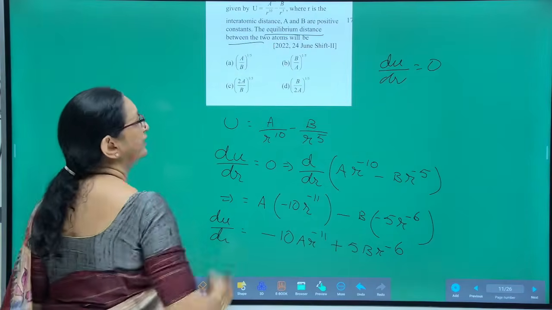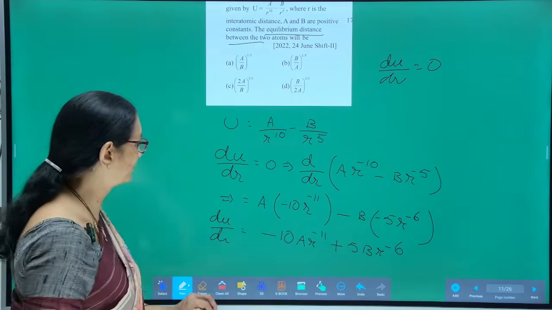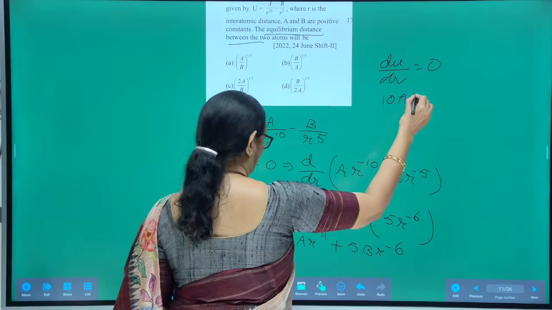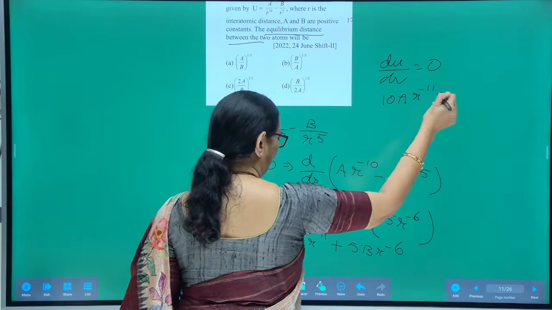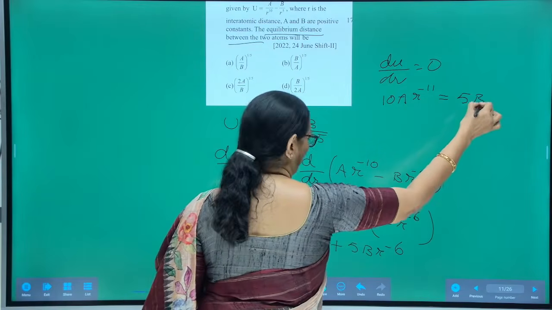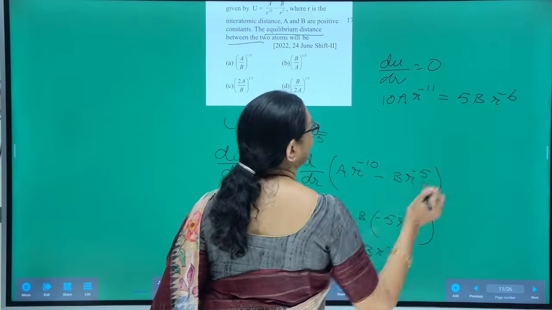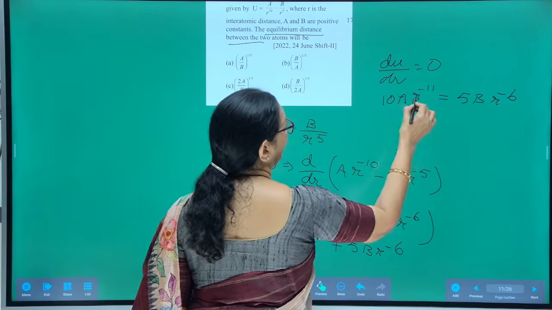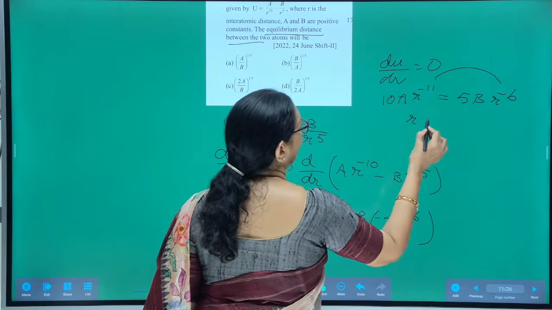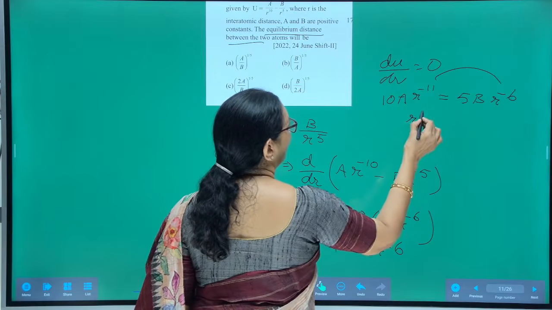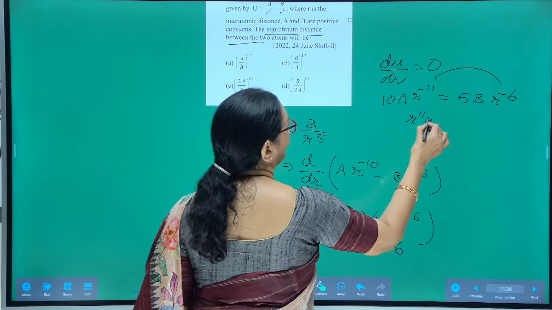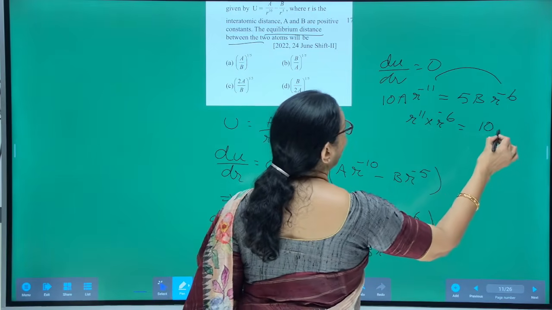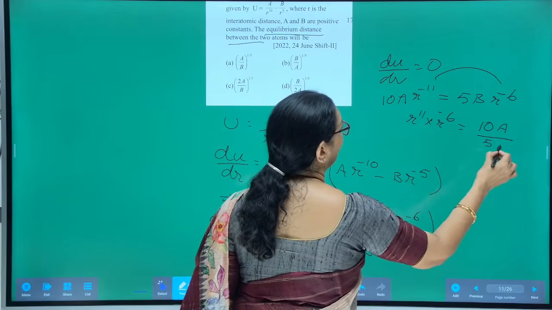Okay. So, you need to find out the equilibrium distance between them. From this, 10 a r to the power of minus 11 is equal to 5 b r to the power of minus 6. So, if you take this to the other side, r to the power of 11 into r to the power of minus 6 is equal to 10a by 5b.